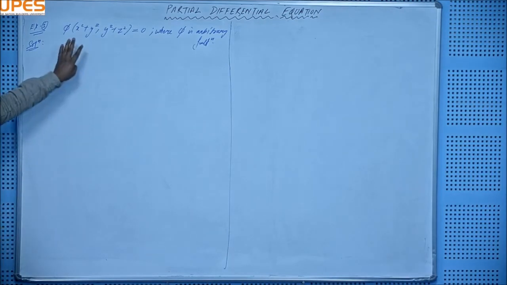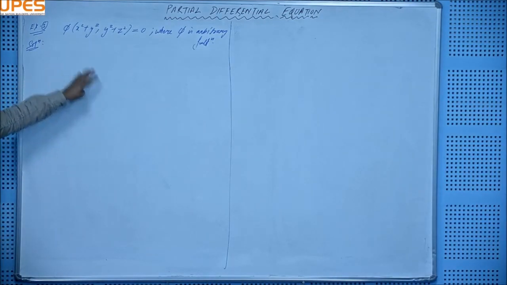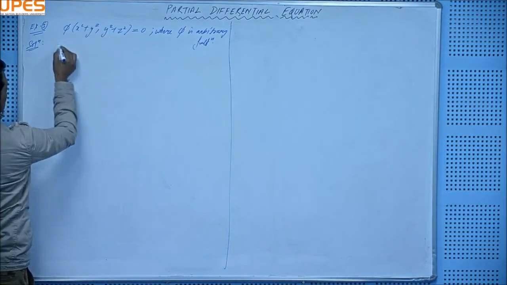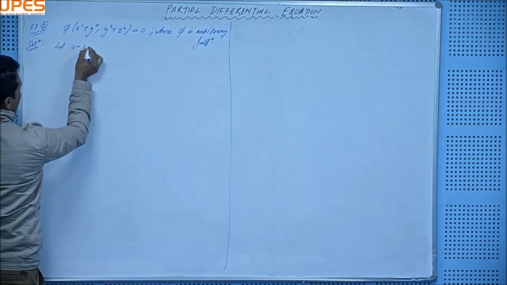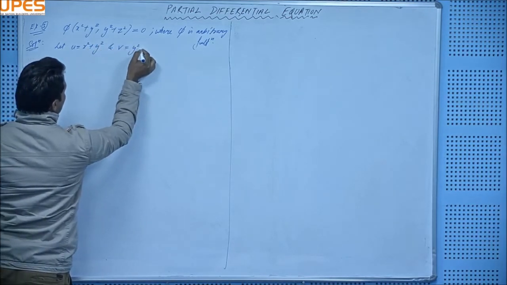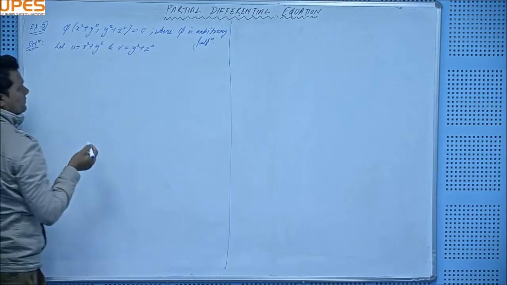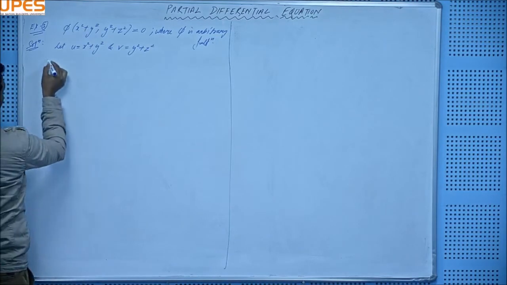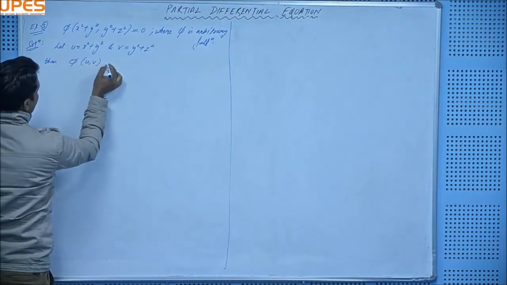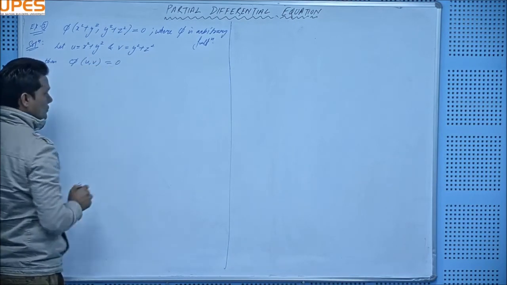Okay, we have done this type of problem in our last video lecture. I have assumed it as u and v. Let u is equal to x square plus y square, and v is equal to y square plus z square, right? Then my problem becomes phi of u comma v is equal to 0.